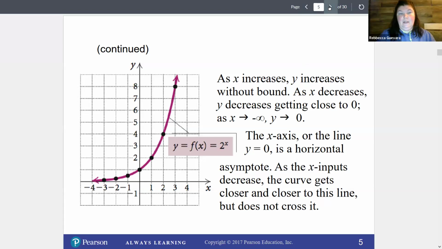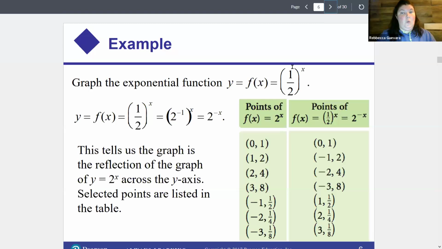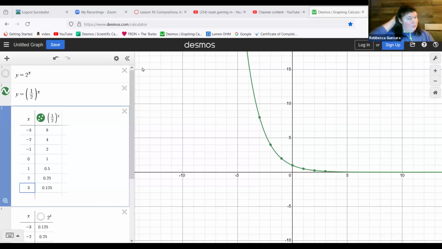Okay. So next we're going to look at 1/2 to the x. We have these two sets of points together. Once again, I'm going to do this over in Desmos. You may notice that this looks kind of the same, except now everything's declining. Let me make my little box again.